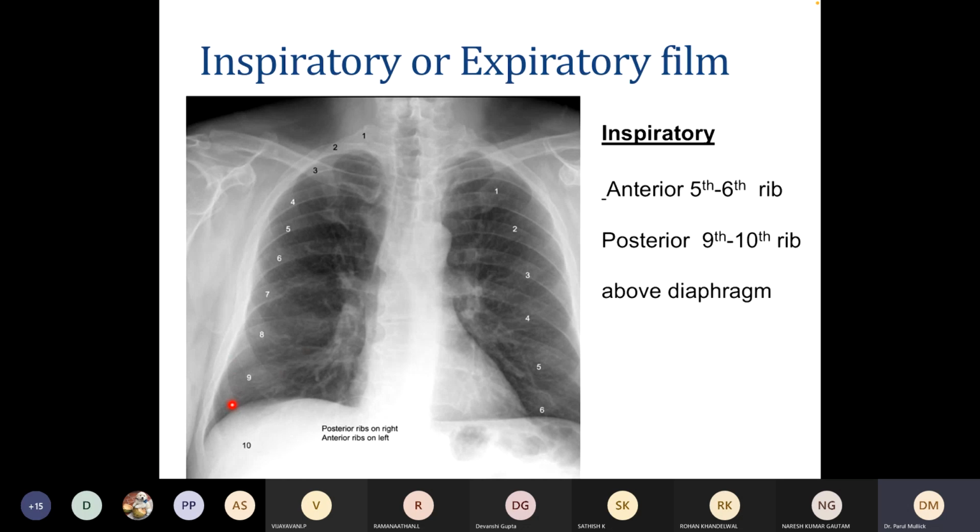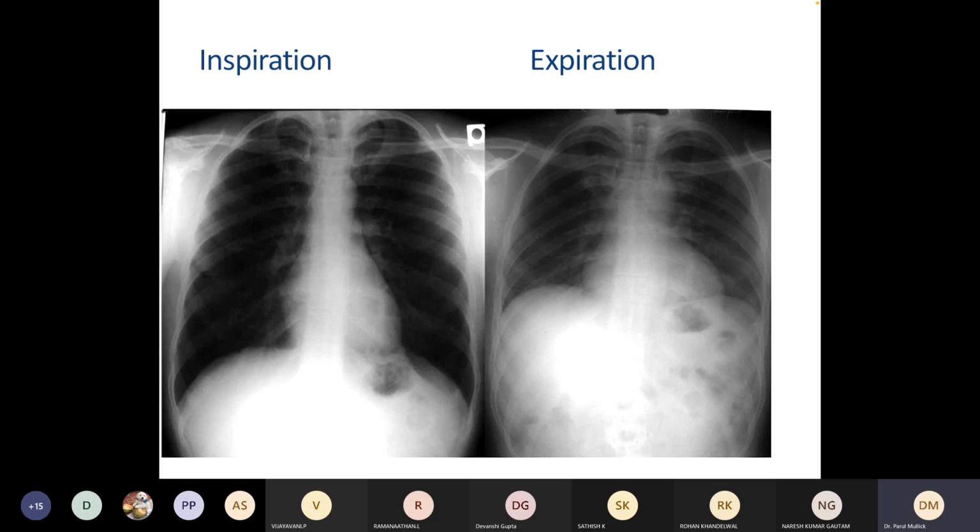So now you are able to see 9 to 10 posterior ribs above the diaphragm, or 5 to 6 anterior ribs above the diaphragm. You say rest assured this is an inspiratory film. If you are not able to see this many, they are less, that means it's an expiratory film. Now see, this one is expiratory and this one is inspiratory.